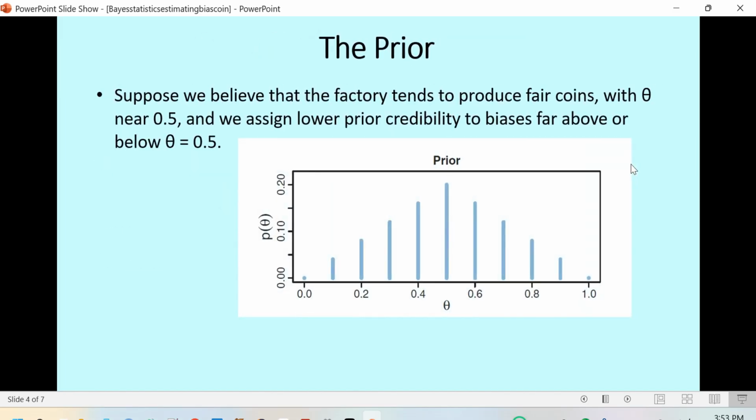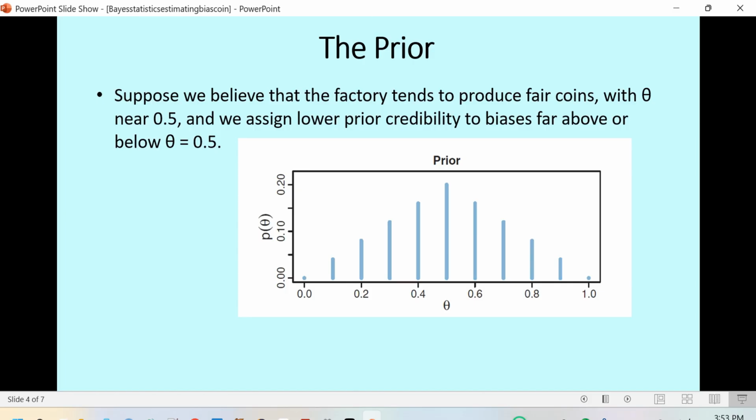So now for the case of using Bayesian statistics for flipping a coin, we have to define the prior first. The prior is our assumption about theta's probability before we get the updated credibility of the theta parameter.